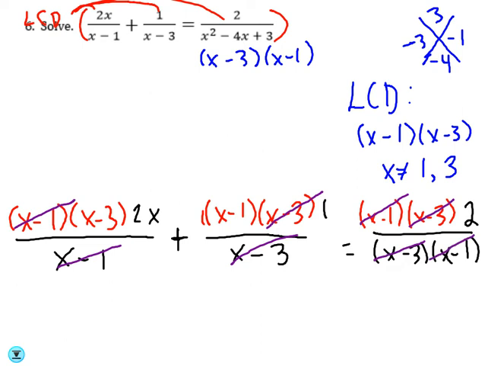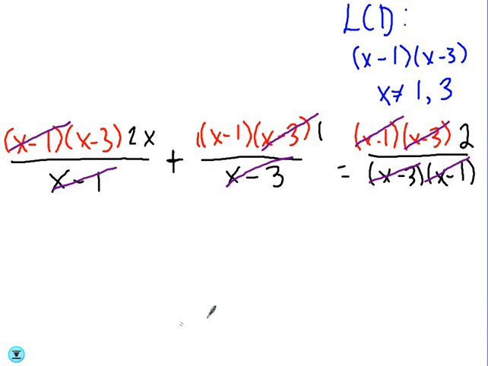So now all of our denominators have gone away, and we are left with, I'll write it out for us again, 2x times x minus 3 in the first numerator, plus 1 times x minus 1, which is just the x minus 1. And that's going to be equal to, we were left with the 2 in that numerator.